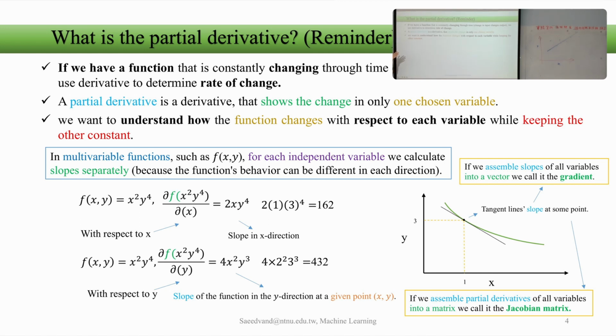Basically, if you have multiple variables, we keep all of them constant and change one, and based on changing one, we study how the change affects the output. So in multivariable functions such as a simple function f(x, y), for each independent variable we calculate the slope separately.